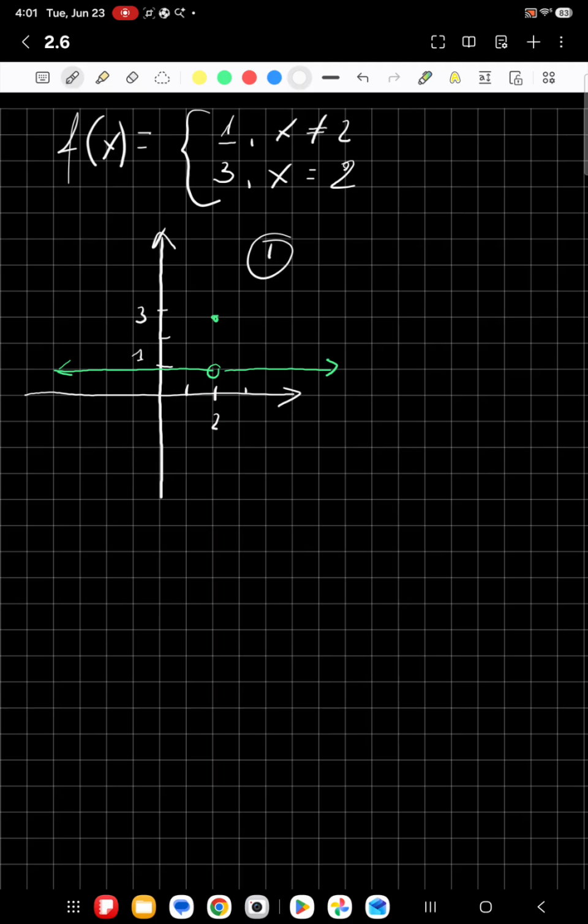So we're checking the number c, the point of possible discontinuity, which is 2. We're checking first whether the function is defined at 2, and it is. So f of 2 equals 3. No problem there.